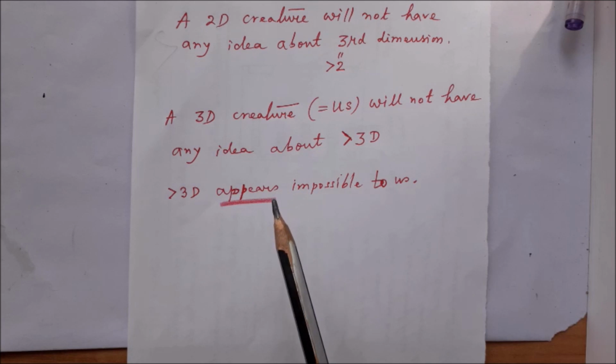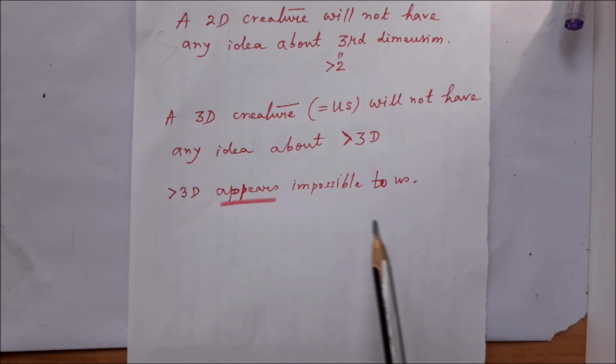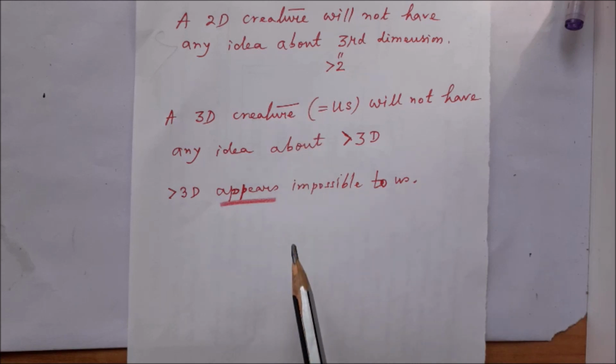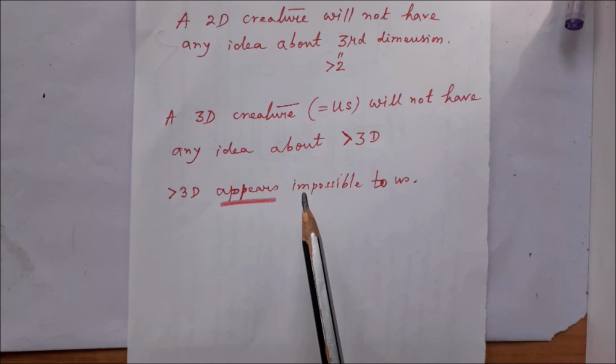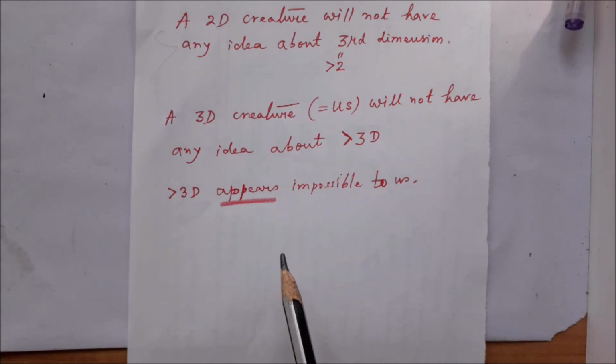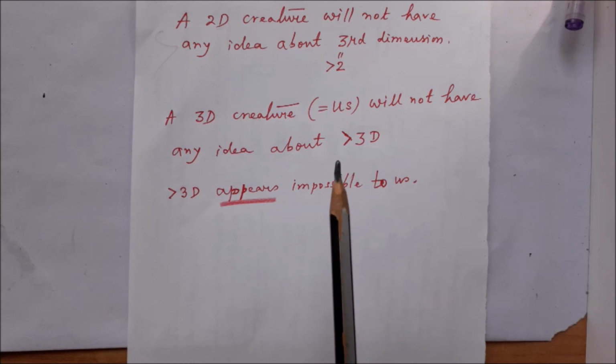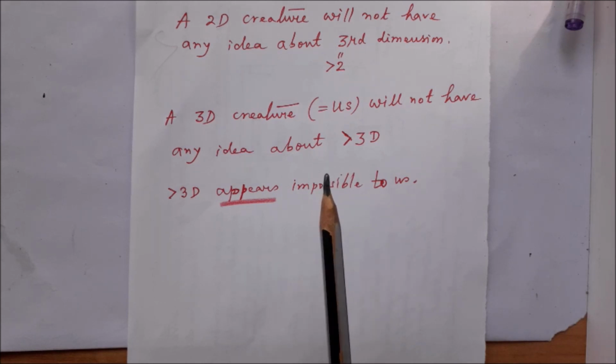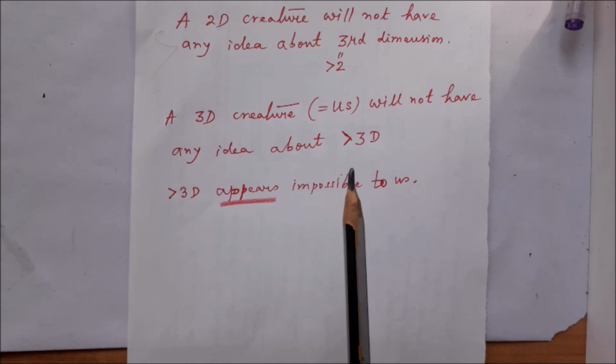In simple terms, a 2D creature can move back or forward, it can look left or right, but there is no up and down for it. Up and down are terms which are not included in its dictionary. So a 2D creature can realize or visualize only two directions.